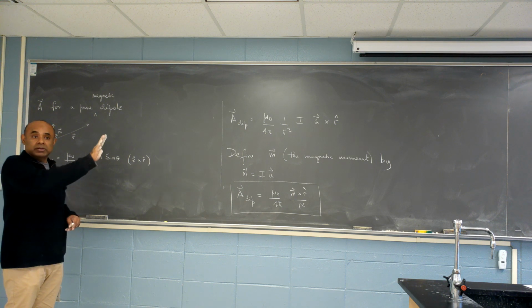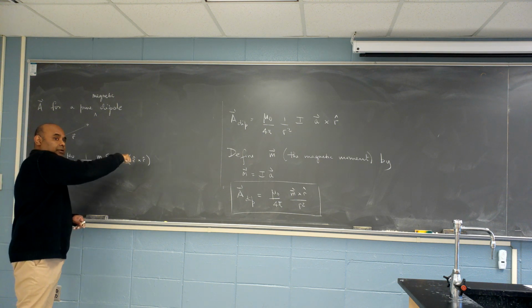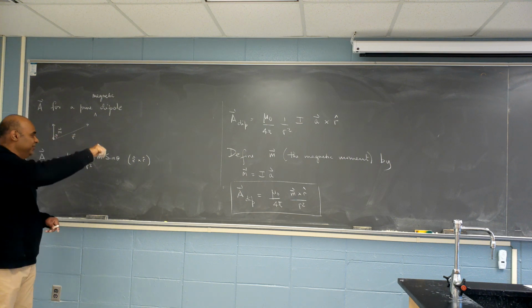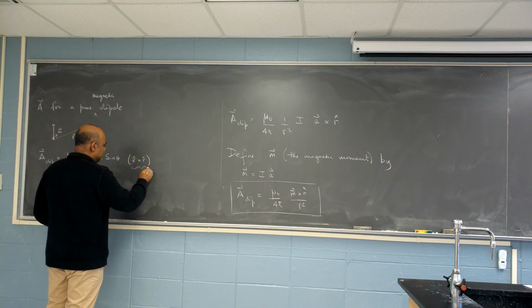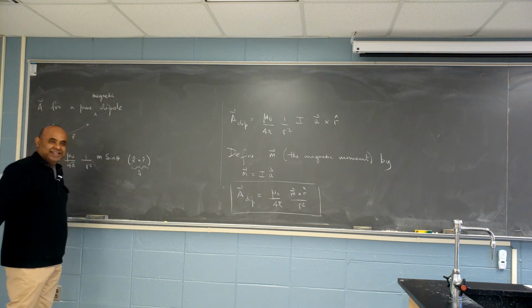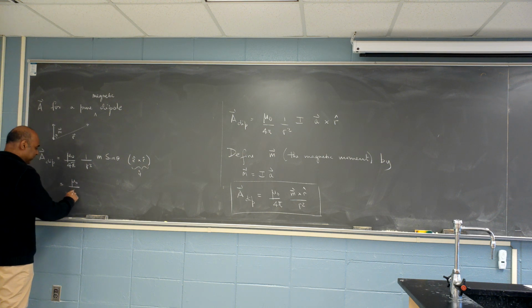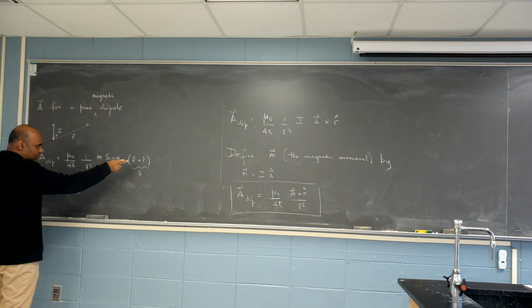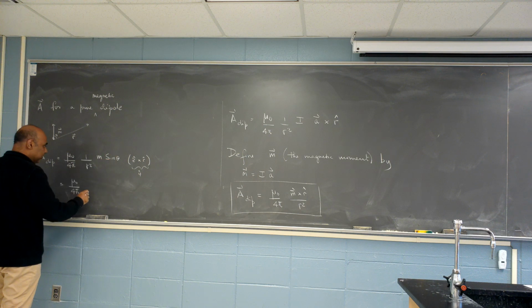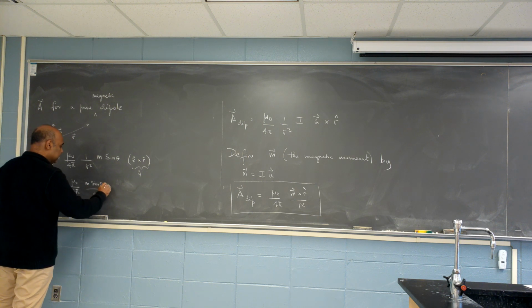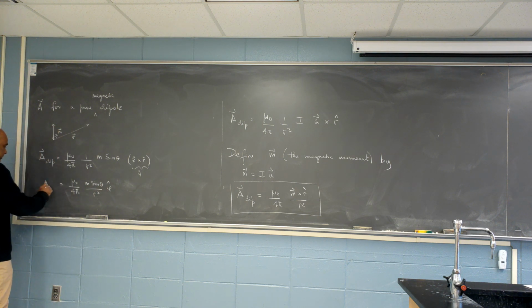Here's my hint, z cross r hat. Yeah, you get it. You gotta stop spinning so I can see what direction. So the only thing that changes direction is, you can check that out. In these coordinates, m sine theta over r squared phi hat.